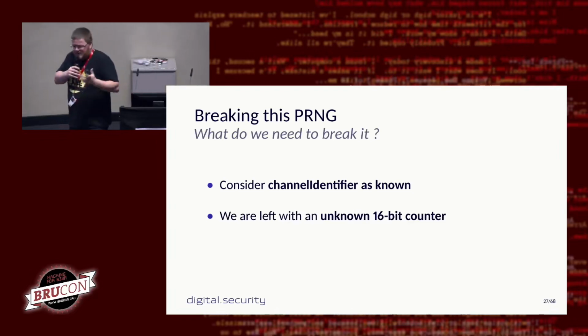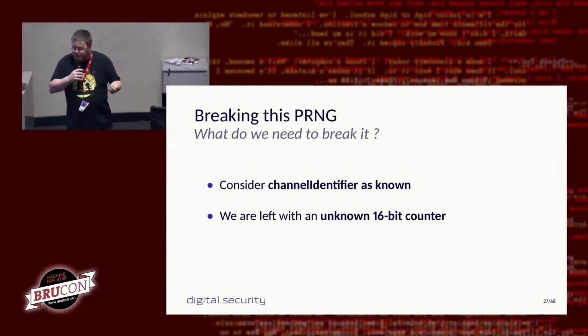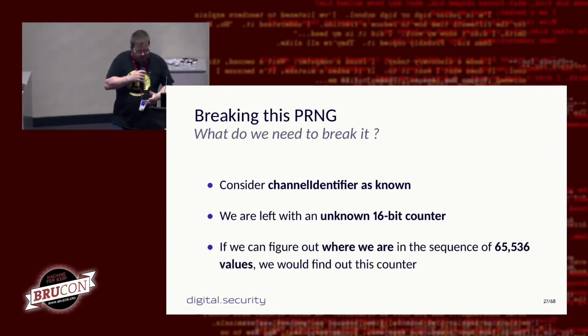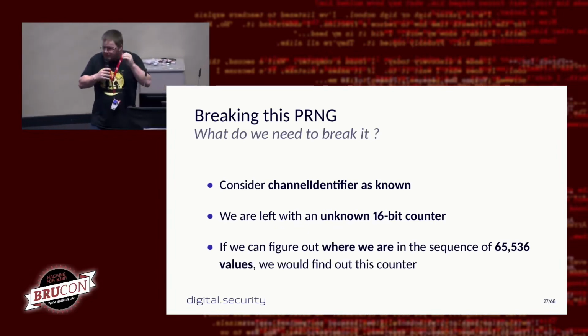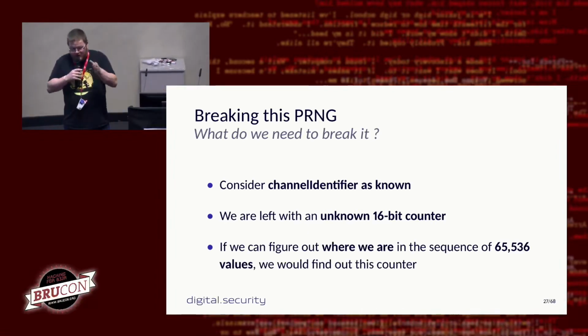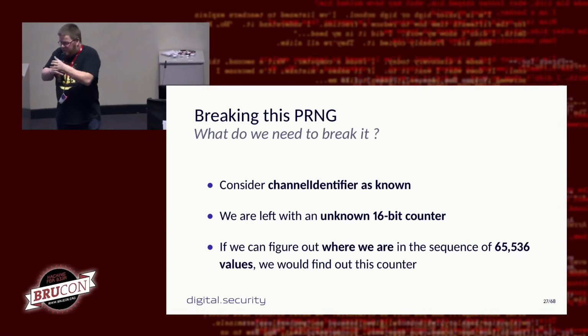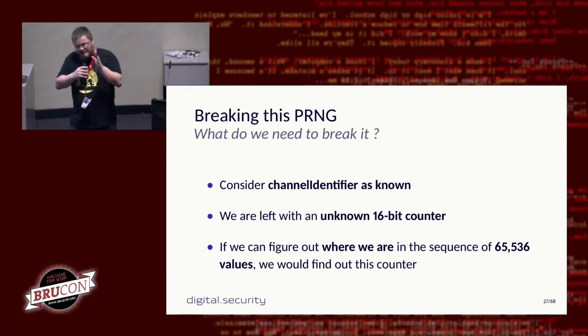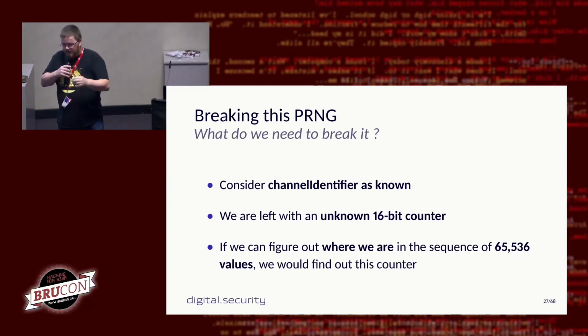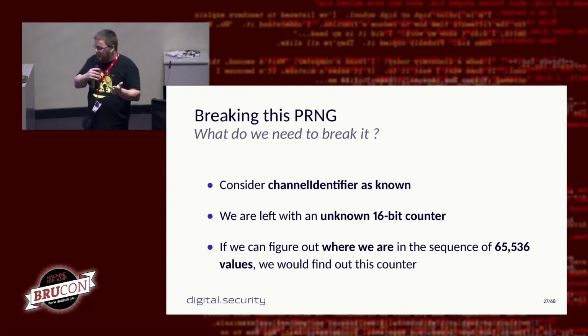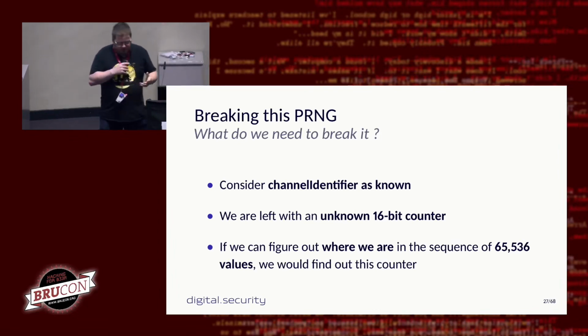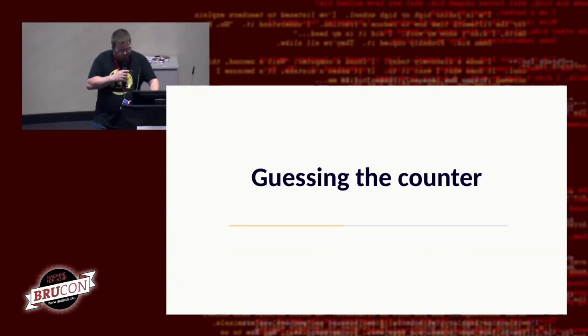We are left with a 16-bit value, which is a counter. If we can figure out where the connection is in this sequence of 65,000-ish values at a specific time, then we can synchronize with the connection and then sniff, jam, and hijack. So this is quite interesting to break this PRNG.